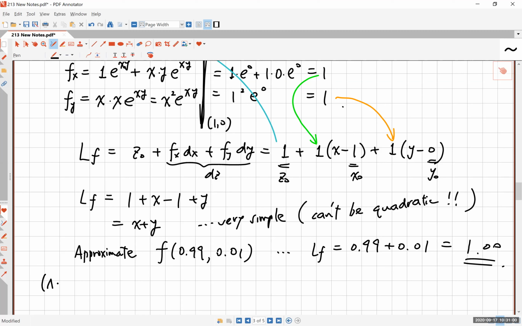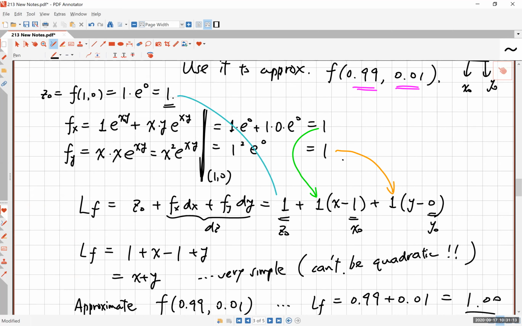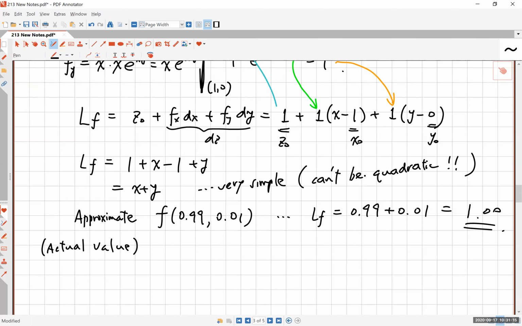Okay. Now, it always helps, if you're just curious, to find the actual value. Certainly, that's the case with me. The actual value: the function was x times e to the xy, right? So the approximation is this, but the actual number is 0.99 times e to the 0.99 times 0.01, okay?